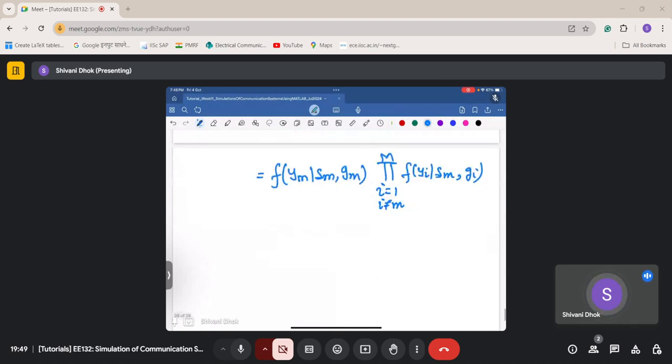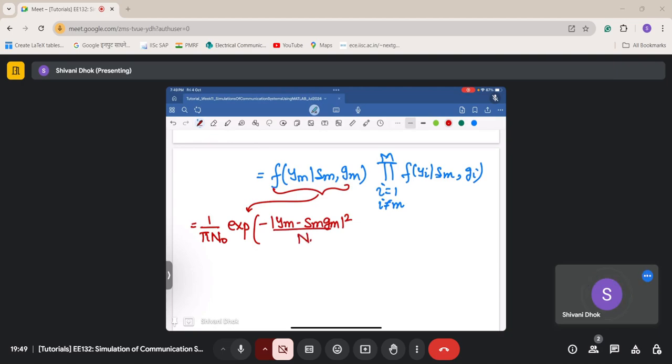So now here this particular quantity will have a PDF equal to 1 over pi n naught into e power minus mod ym minus sm gm square by n naught, so, sorry, a gm.